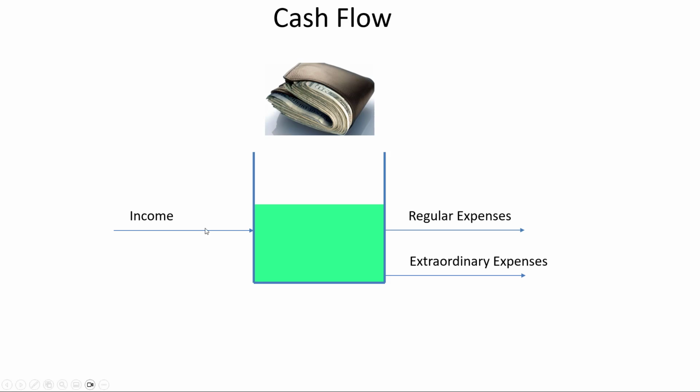And so the difference between inflow of income and outflow of expenses is how quickly the reservoir of cash is rising. So the savings that you've got is the difference between the two. But also, if we want to know the true value of your cumulative savings balance, we have to account for the interest that is being earned.